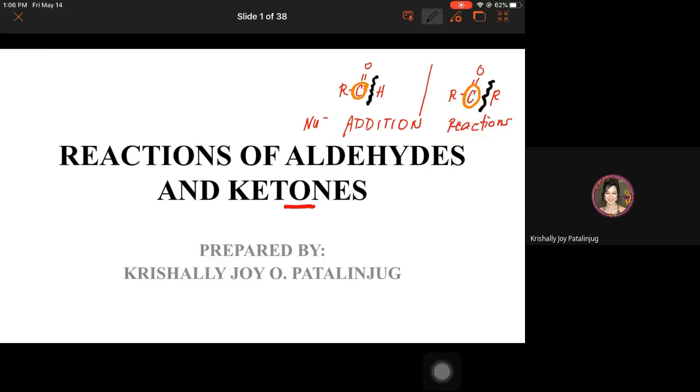But for aldehydes and ketones, it has hydrogen and the other one is a carbon group. Carbon and hydrogen are not electronegative. They cannot be removed easily and stabilize a negative charge. So they are poor leaving groups. So addition reaction lang yung general type of nucleophilic reaction that they undergo.